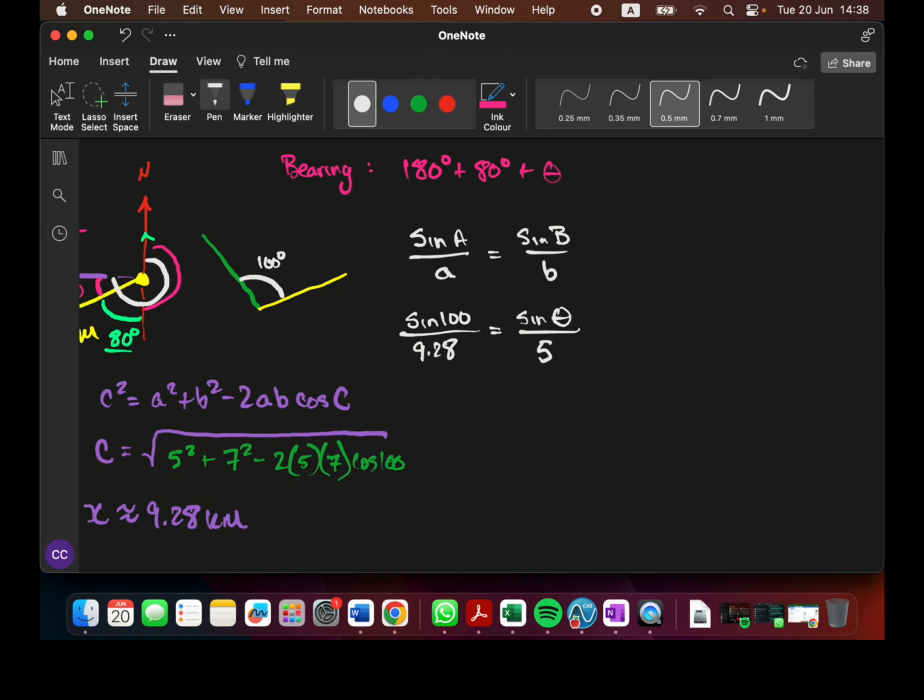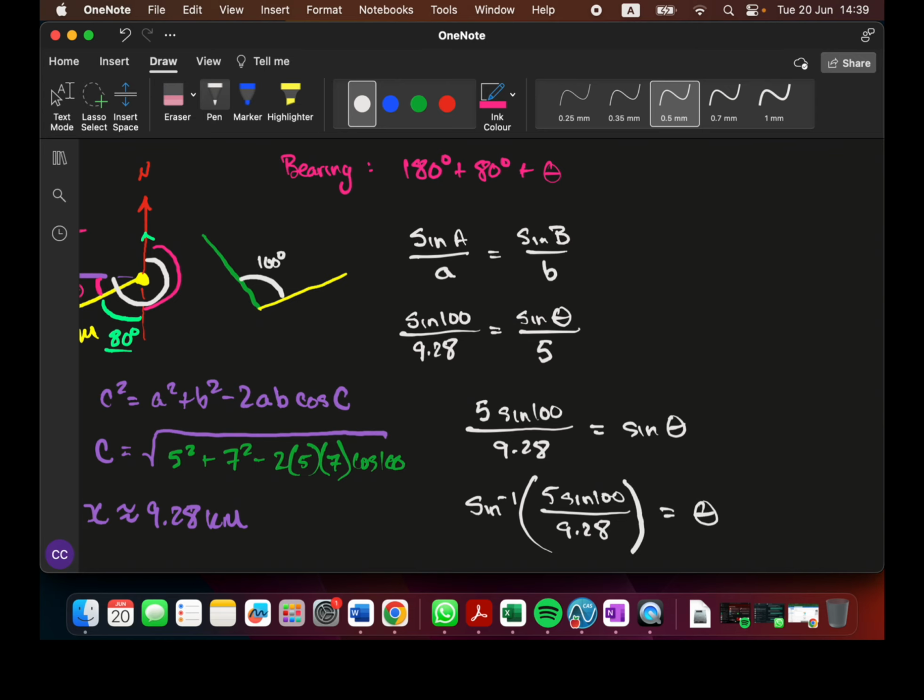So what that means is that 5 sine of 100 over 9.28 is the same as sine theta. So using the inverse sine ratio, 5 sine of 100 over 9.28 is going to give me theta. So now, again, this is plug and chug. This is calculator work.